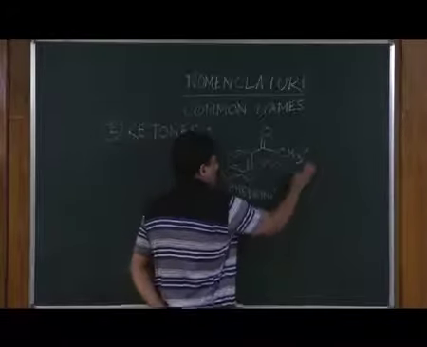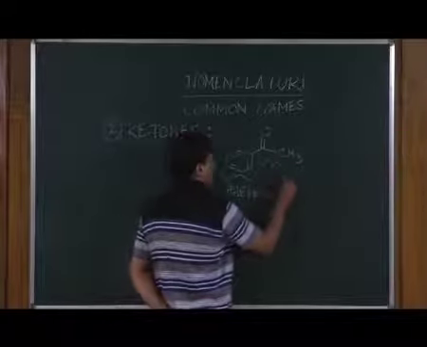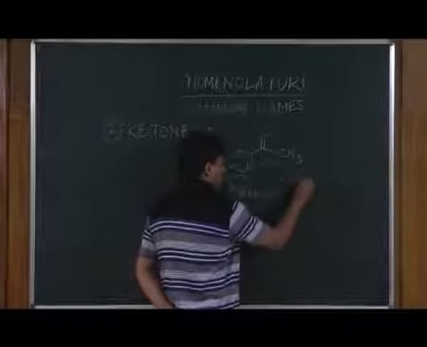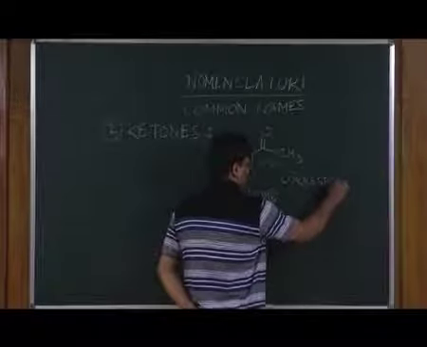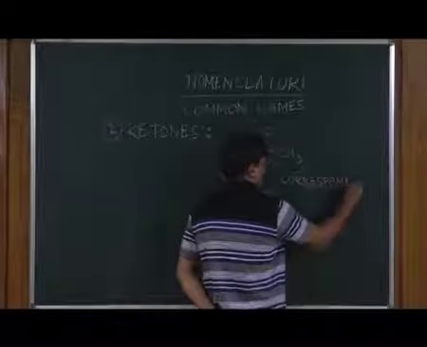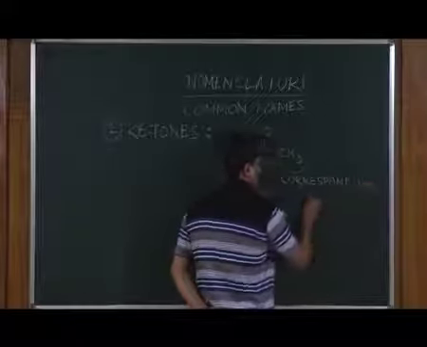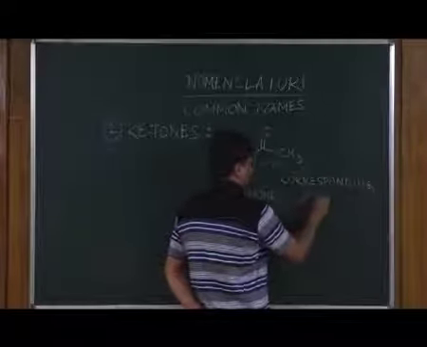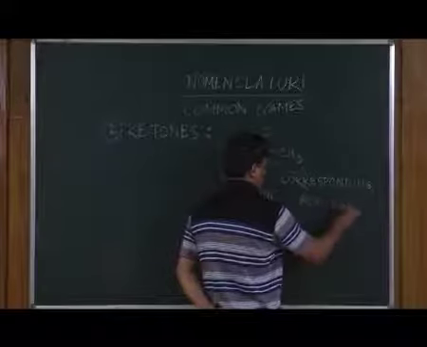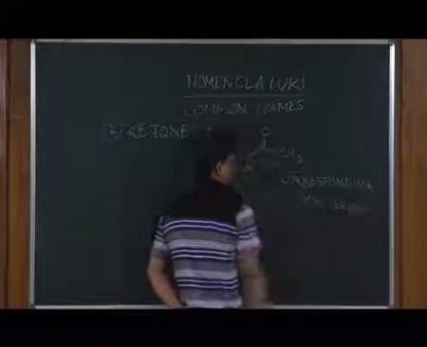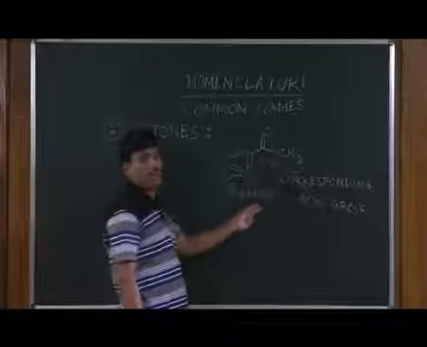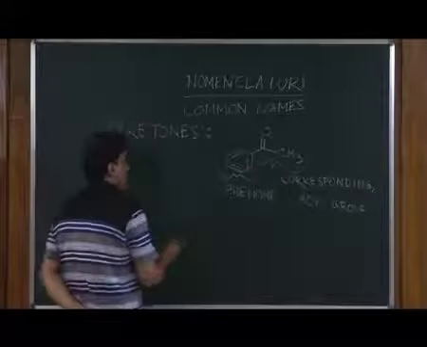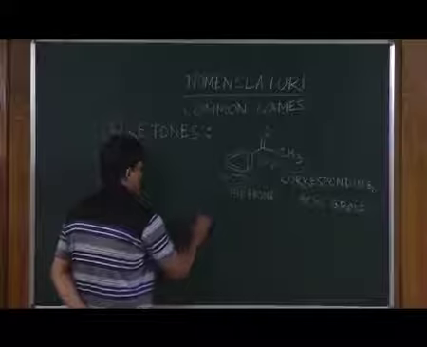And this will be the corresponding acyl group. So, first the prefix will be the corresponding acyl group and then you have to add phenone. So, this compound will be named as acetophenone.